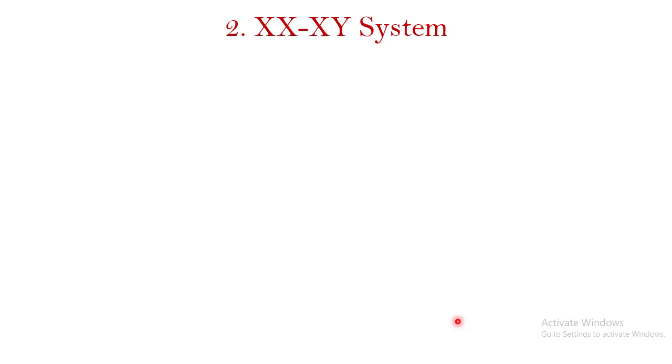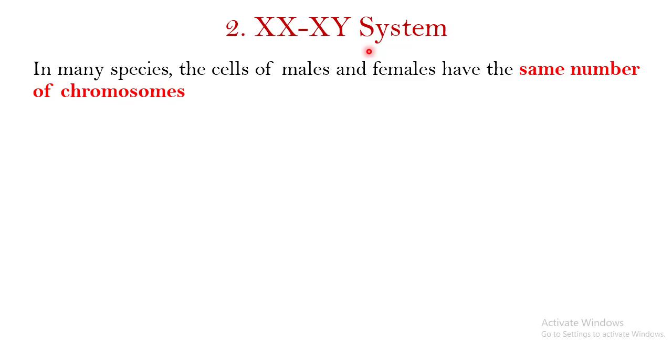In this particular video, I want to focus on the second type of sex determination system using the chromosomes. This system is known as the XX-XY system. Now, there are many species where the cells of the male and the female have the same number of chromosomes.